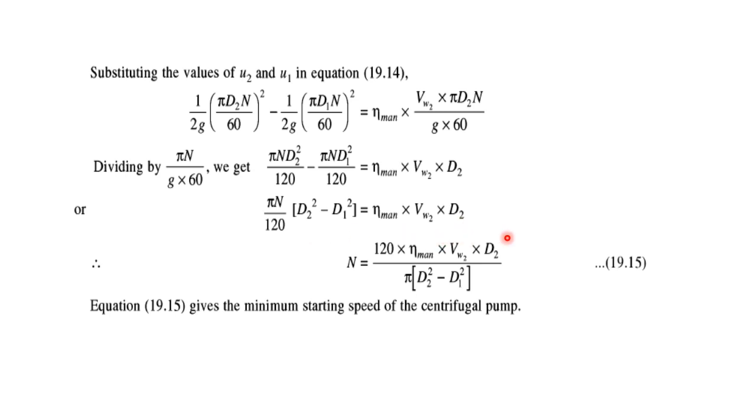From here, upon simplification, we can find the minimum speed, which is equal to 120 times manometric efficiency multiplied by Vw2 multiplied by d2 upon pi multiplied by d2 square minus d1 square. So this equation gives the minimum starting speed of a centrifugal pump.